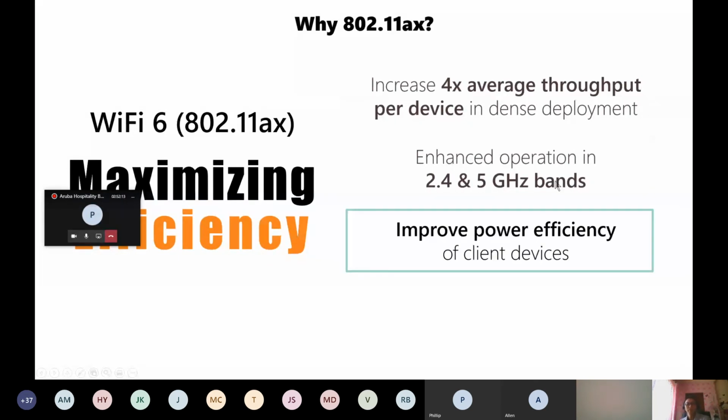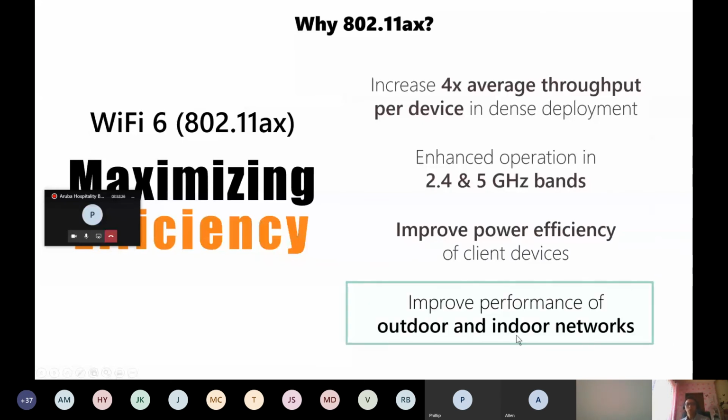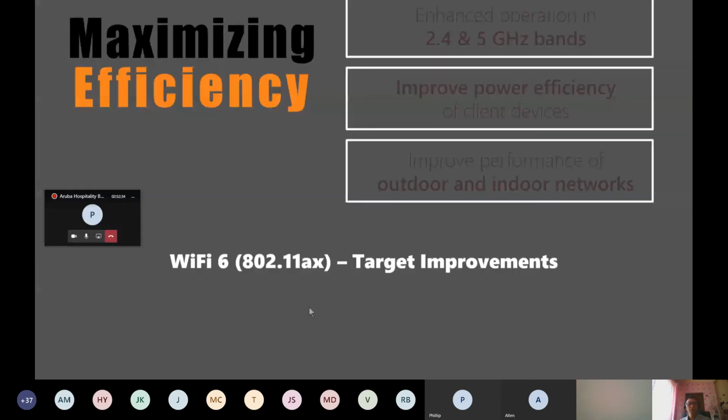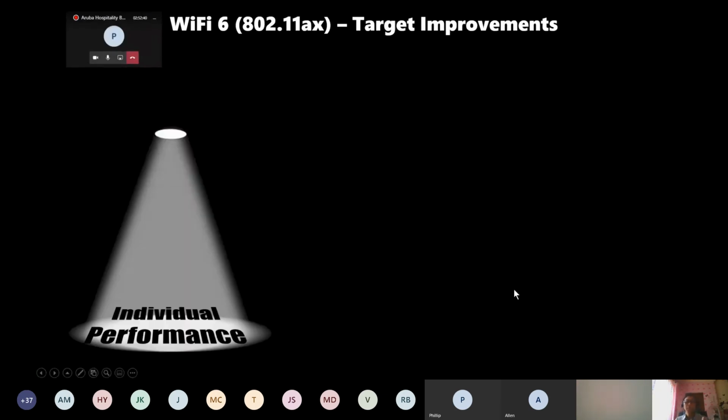The third goal is to improve power efficiency on client devices and improve outdoor performance. Obviously that will also improve indoor performance. So these are the 4 major goals, and the target improvement is given in a few areas.